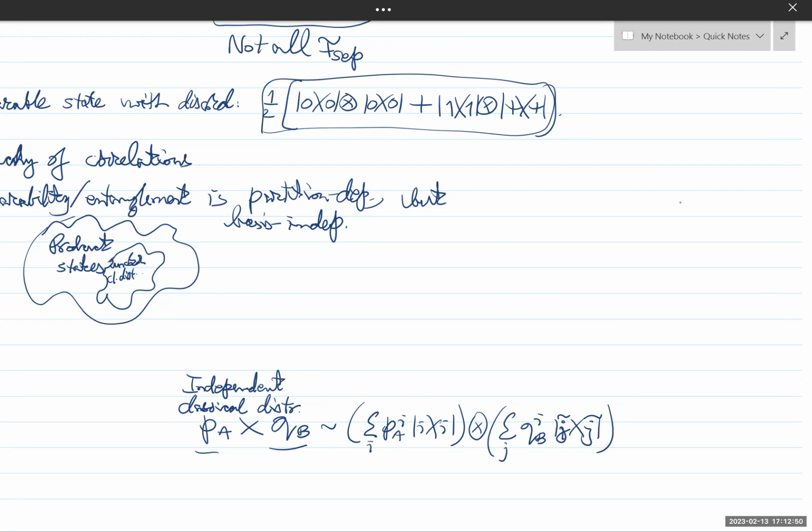Yeah, that's a good point. I think that's a really good point. And in this sense, really there would be no distinction between these sets.